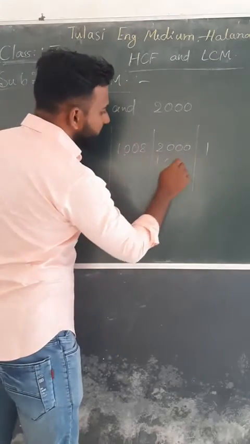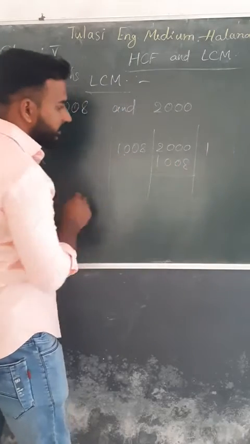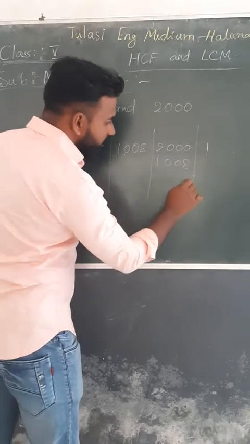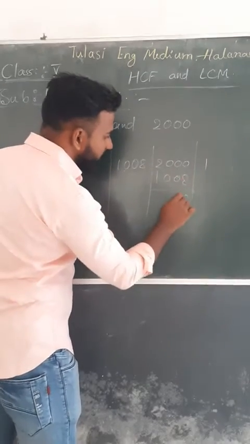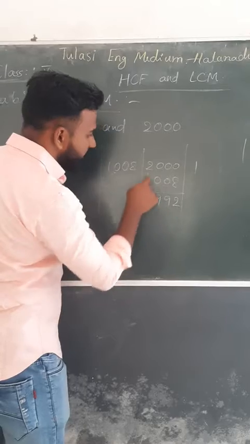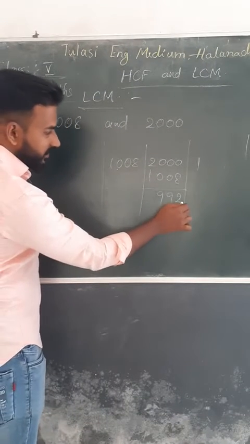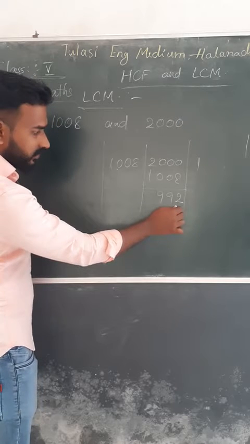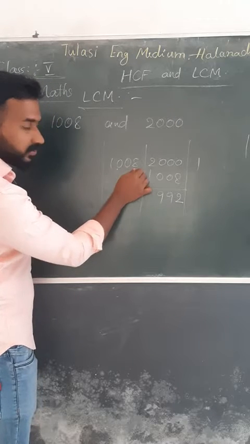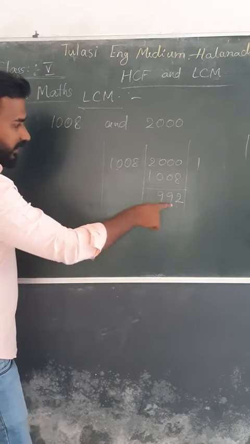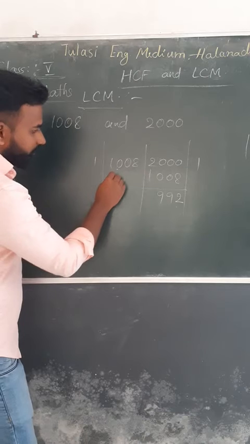So 1008: 10 minus 8 is 2, 9 minus 0 is 9, 9. 992. We have to consider this 992 as divisor and 1008 as dividend. In 1008, 992 goes once.